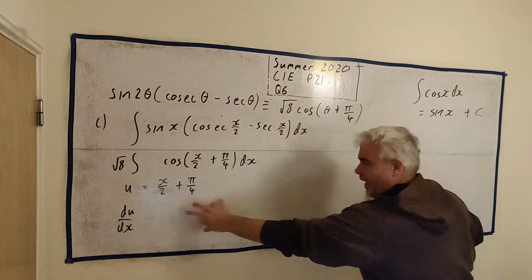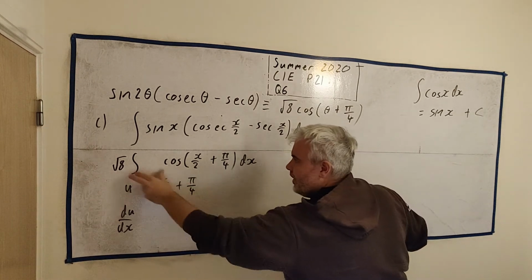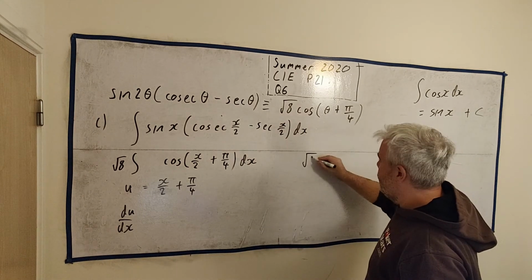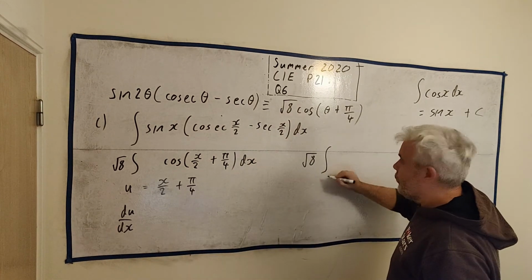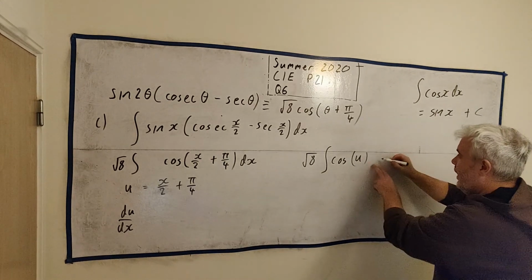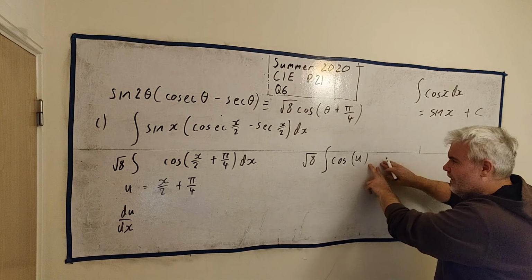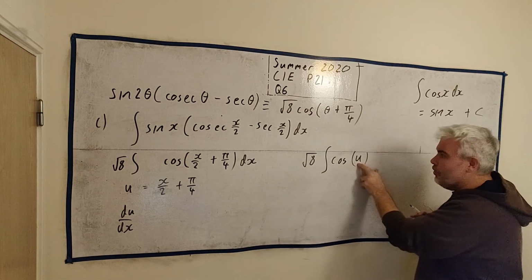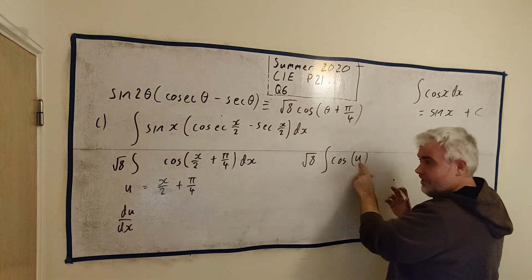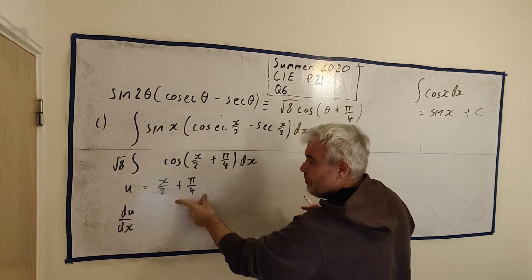Actually, let me skip ahead before I do this. What I've done here is replace this with the square root of 8, the integral of cosine u, and du. I want du here. I can't do a question about u without du. I can easily put u in because I've just said u equals this.